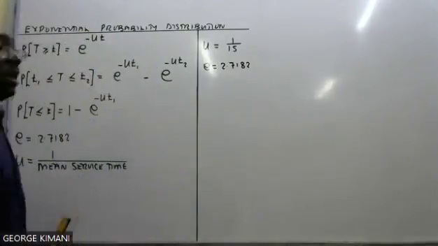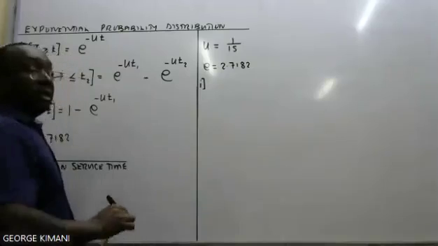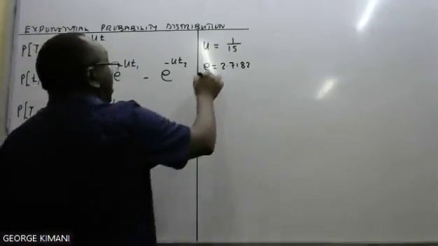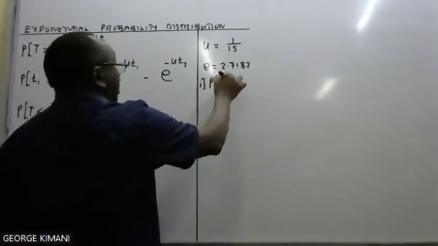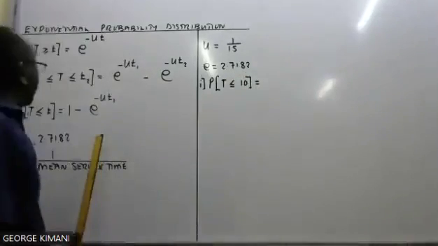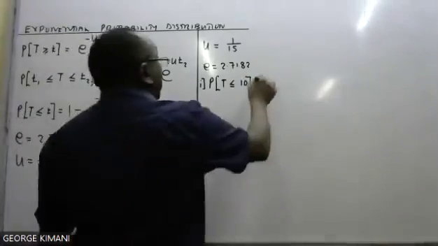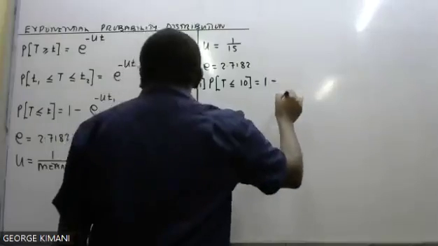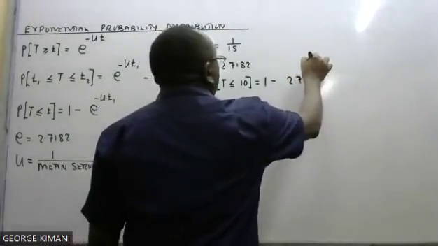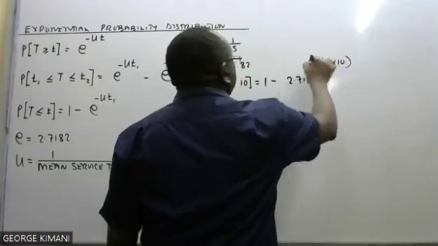So the first one, when you are told at most 10 minutes, is that what they're saying? Yeah. Now, at most means 10 or less. So that is the probability that T is less than or equal to 10. So going by this formula that we have here and substituting straight, it will be 1 minus e, that is 2.7182, which is raised to minus 1 out of 15 times 10.